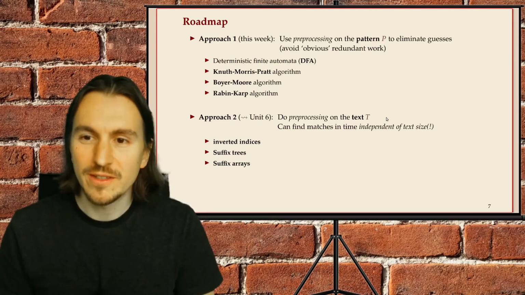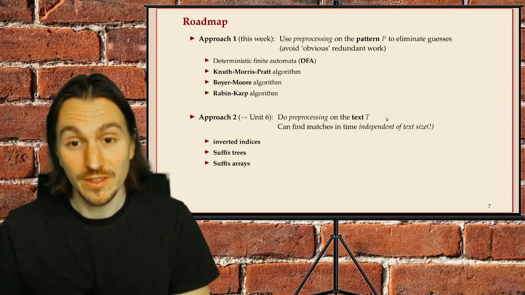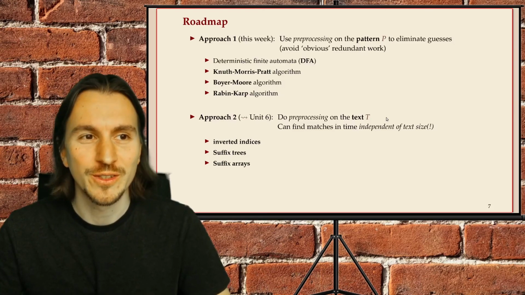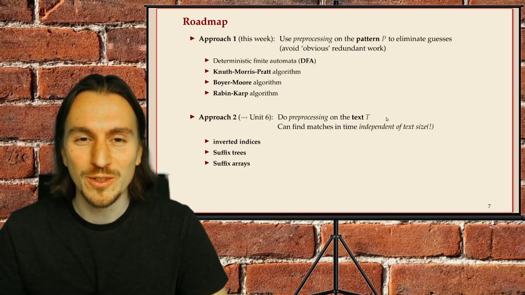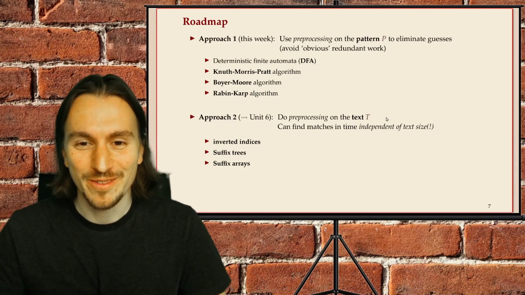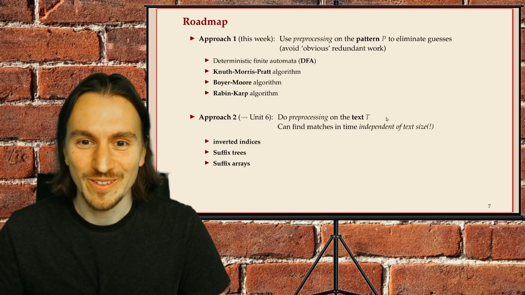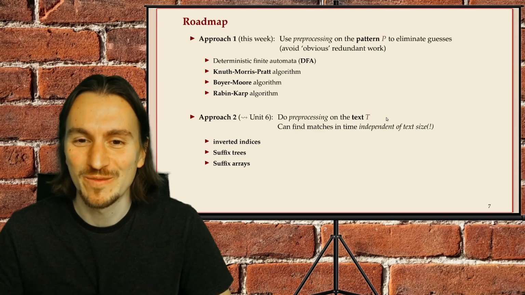There's also the opposite idea. If your text is static and doesn't change, like an actual dictionary for English, but much more importantly, in bioinformatics, the human genome of a certain person doesn't change all the time. If it does, that's actually very bad news for that person. So usually it stays the same in most cells.